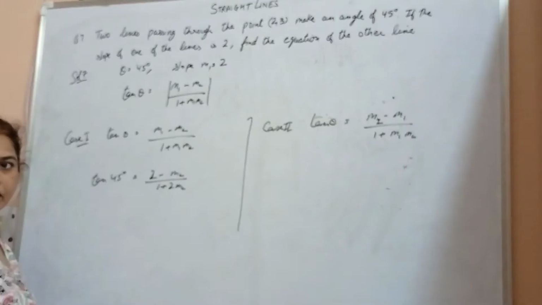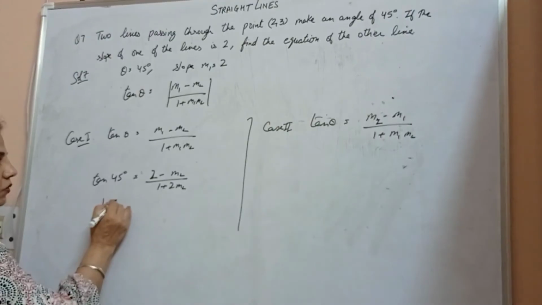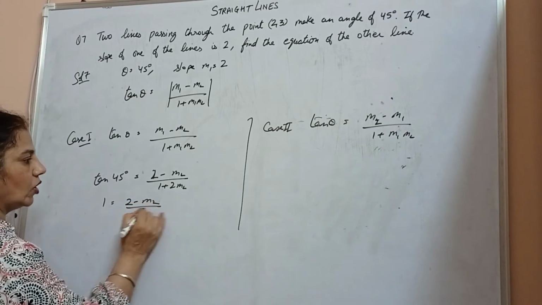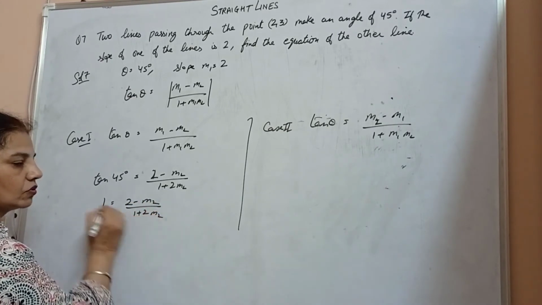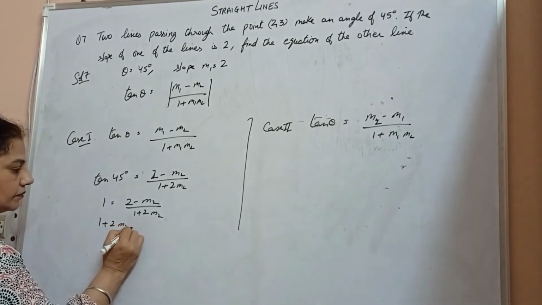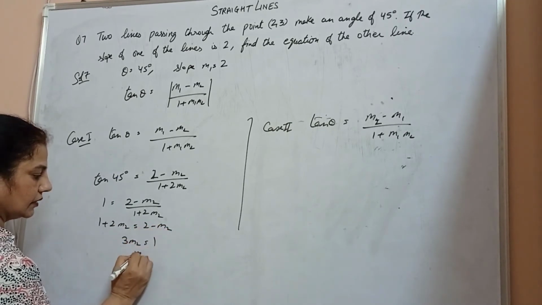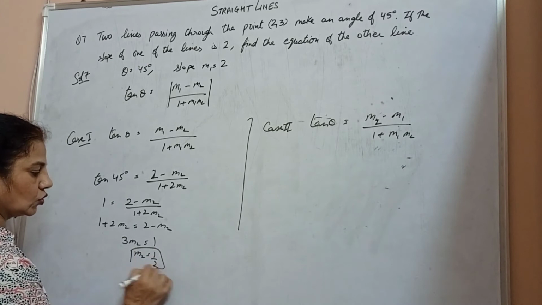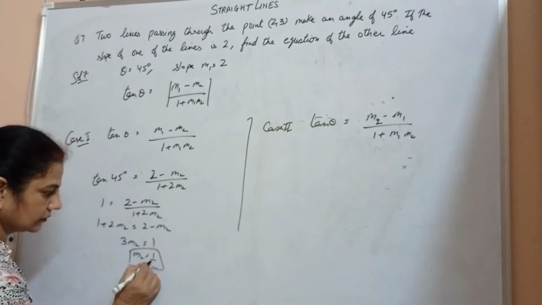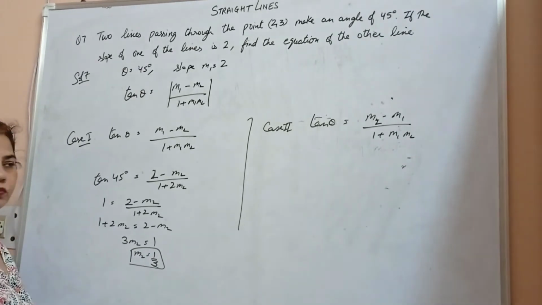Tan 45 degrees is 1, so we have 1 is equal to 2 minus M2 upon 1 plus 2 M2, cross multiply. So we get the value of the second slope as 1 by 3.